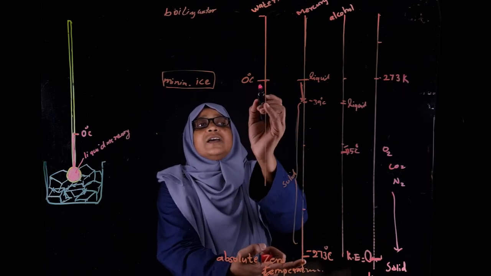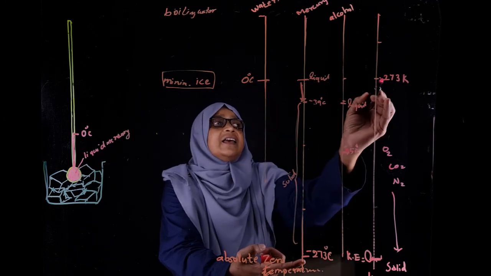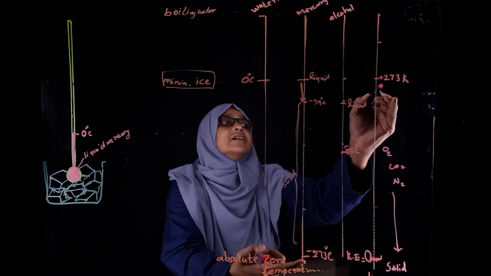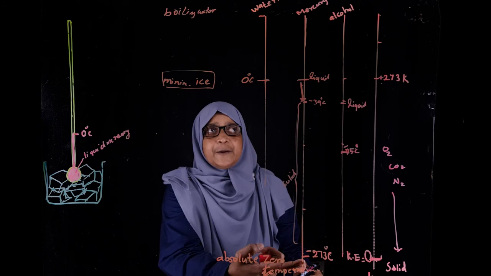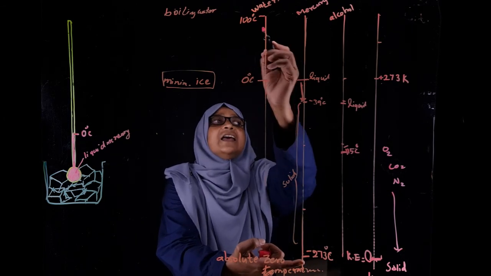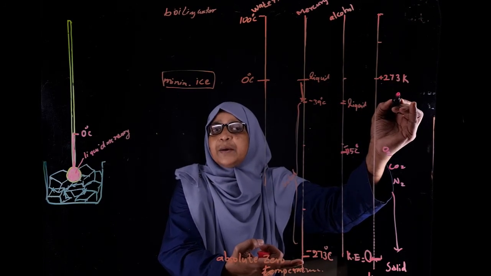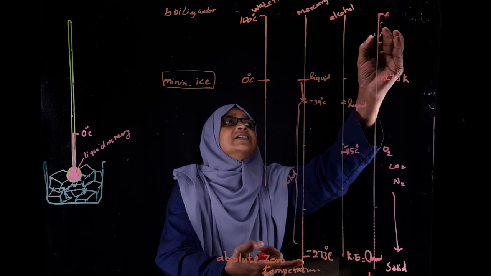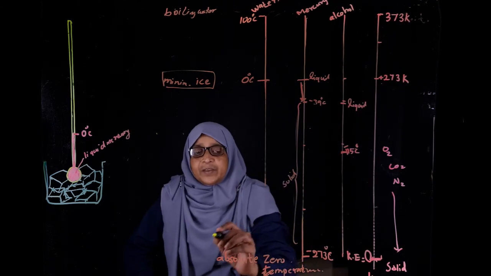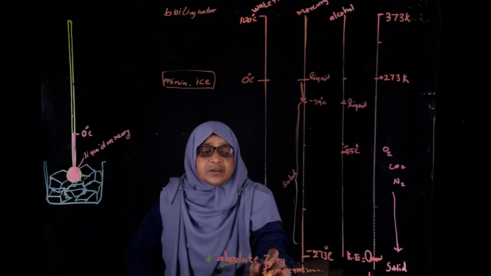So the 0 degrees Celsius in the Celsius scale is marked as 273 Kelvin. The 100 degrees Celsius is marked here as 273 plus 100, 373 Kelvin.